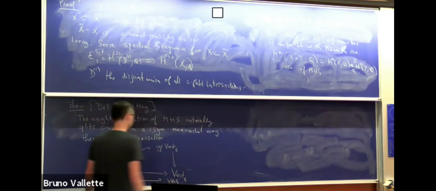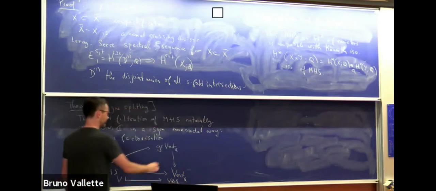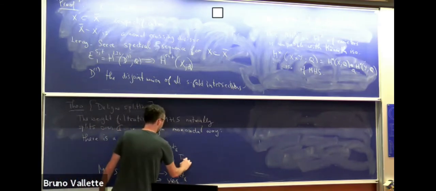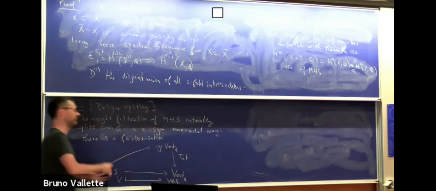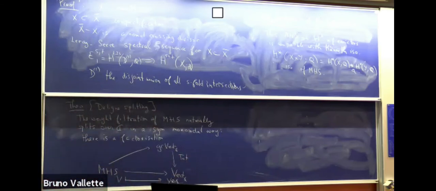Well, this functor is just the totalization, like just take the direct sum. If you have a graded vector space, you can take the direct sum of all the pieces and get a vector space.